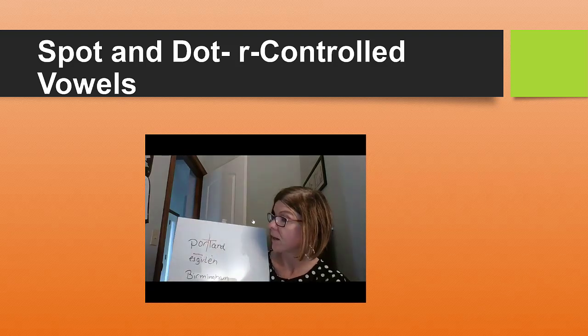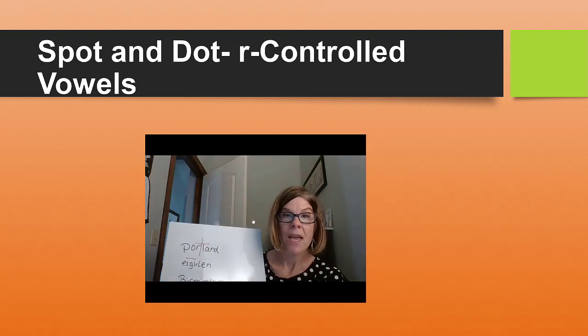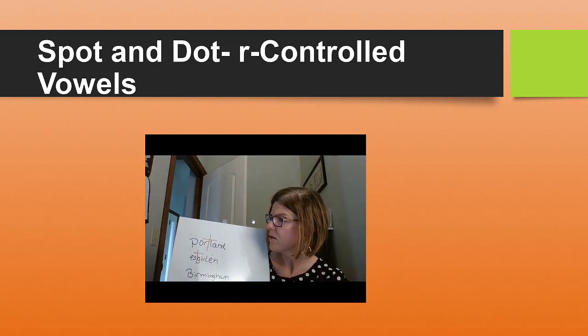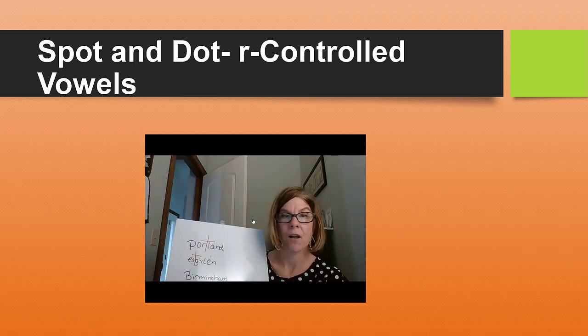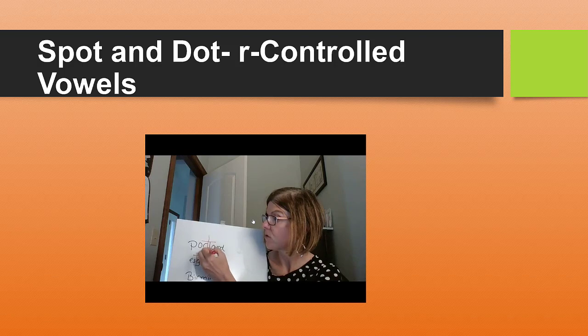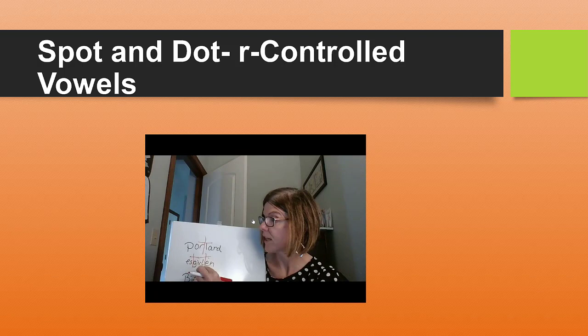So let's look here. We're going to spot and dot three vowels. I have a line between my E and my I. And I know that a word does not end or begin with SG. So I am going to draw a line here. Now, I have my I and my E, and I do know that I can have a word end in R and L, but not begin with R and L. So I know that I'm going to draw my line right here, because I know that girl is a standalone word.